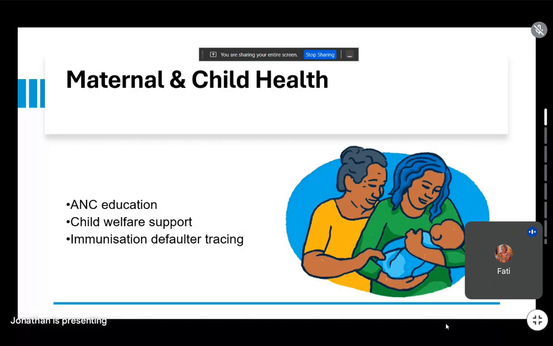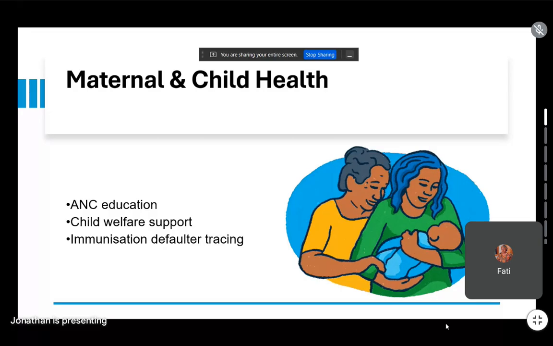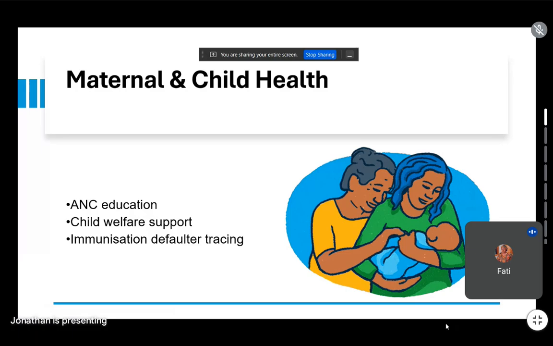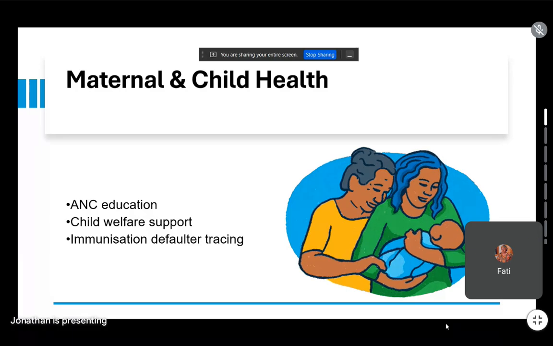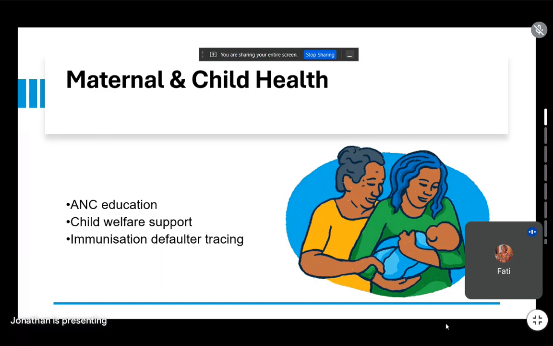So when you take maternal health support as a volunteer, helping mothers understand the ANC schedule is one of your core responsibilities.